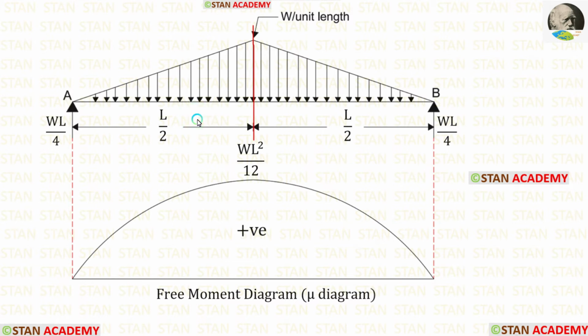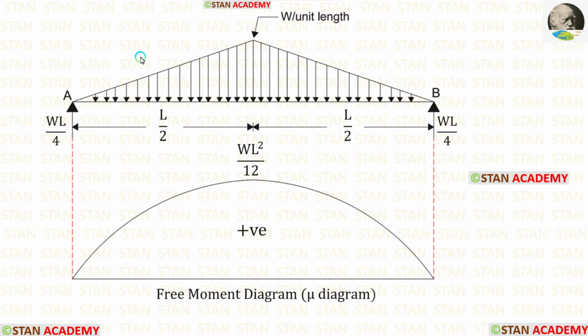So we have to make two sections, one on the left side and one on the right side. This is a symmetrical loading. So we can make any one of the sections for integration and multiply the integration with 2. By doing so, we can save a lot of time.